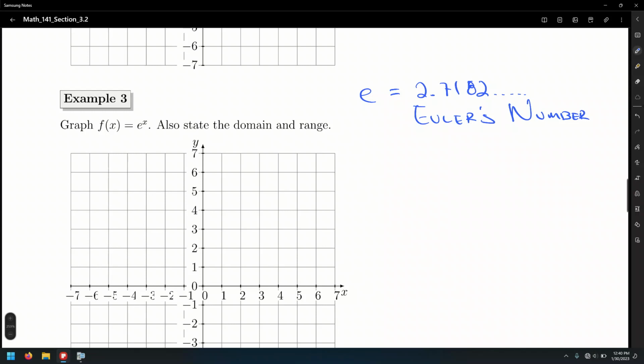So essentially, when we do e to the first, e to the second, e to the third, e to the fourth, what do we get? Well, in this case, we are going to raise a number containing decimals to a power. That's not something we can do in our heads, as opposed to the previous kinds of exponential functions like 2 to the x, 4 to the x. Those are doable by hand and more manageable.